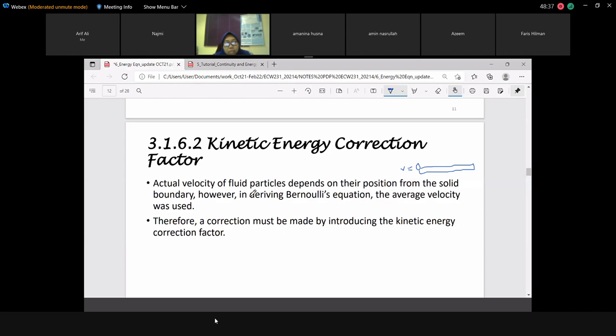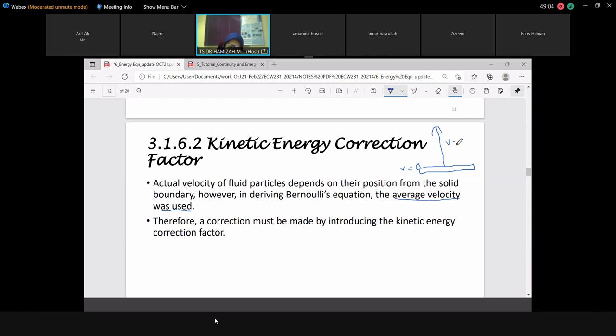Okay, however, in deriving Bernoulli equation, the average velocity was used. Okay, tadi semakin jauh, semakin tinggi velocity. Tapi bila kita follow Bernoulli equation, we consider the average velocity. Kita dah tambahkan jadi average. So throughout the path ni, sampai ke sini, velocity dia remain constant.